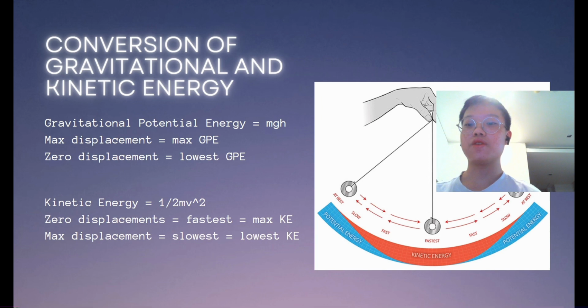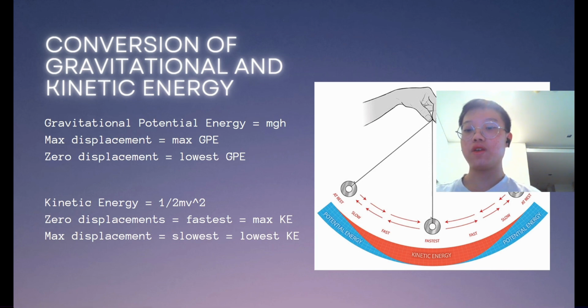But at the zero displacement, or the equilibrium position, the height of the ball is at the lowest of all the movement, so we can assume that the gravitational potential energy at the equilibrium point is the lowest. On the other hand, kinetic energy relies on mass and velocity.